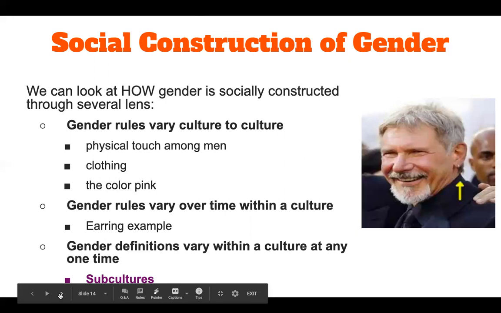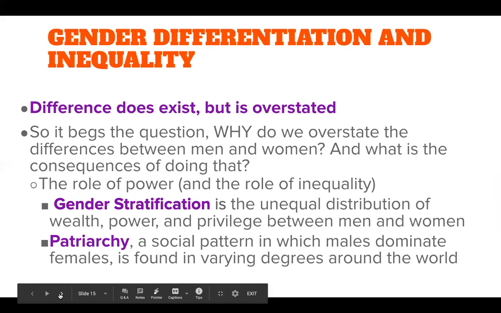But how we raise people, the messages that we give them, the behavior that we reinforce versus the behavior that we punish, what we see on media, the messages that the media espouses, all of this makes us think that these differences are natural, innate, inherent, but that's not necessarily the case.